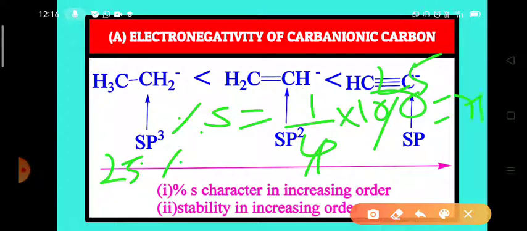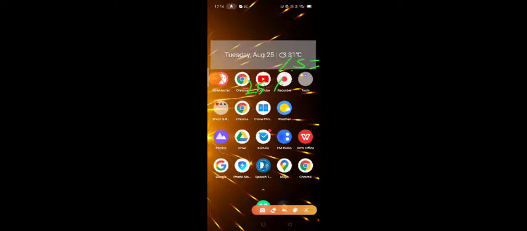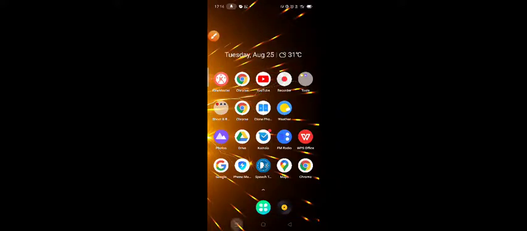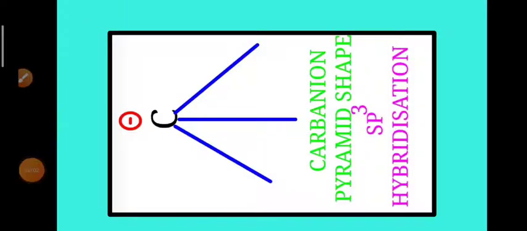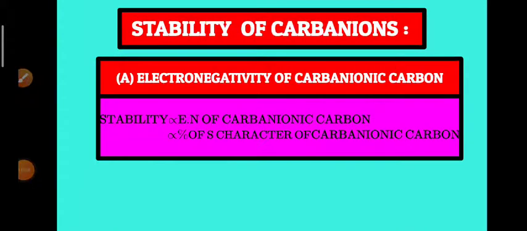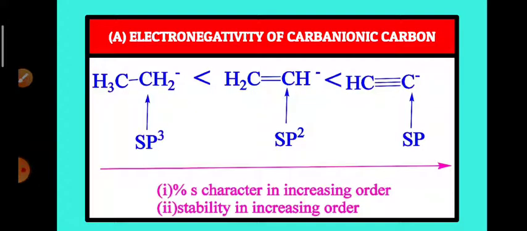And the percentage of the p orbital is 75.